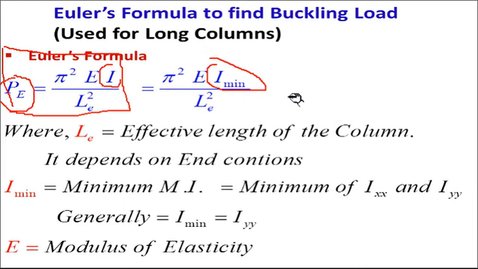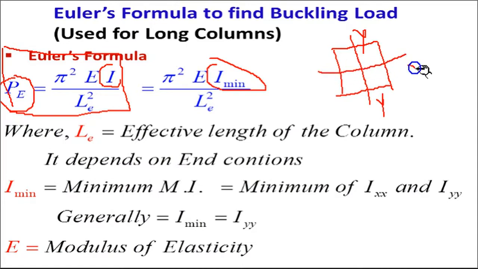Why I minimum? Because whenever there is a cross section of the column, this is the cross section, there are two axes, the y axis and the x axis. Whenever the column is loaded like this, you know that Ixx is always greater than Iyy. Ixx means moment of inertia about the major xx axis.